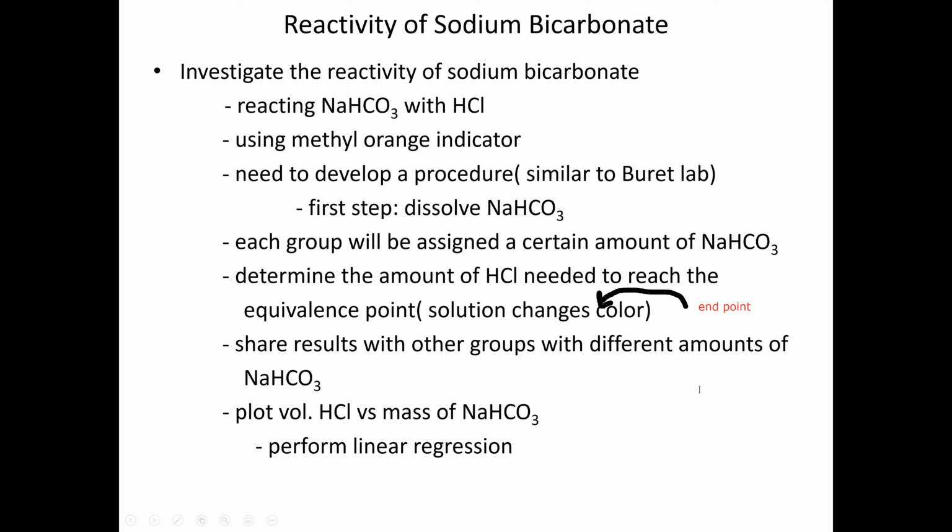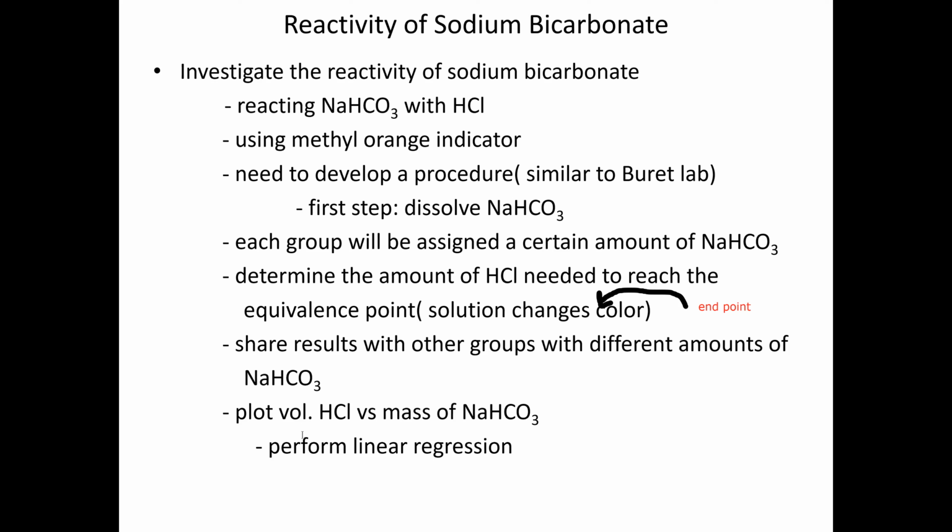So you're going to see how much HCl it takes to get to the end point, and then you're going to share your results with other groups so that you get a variety of masses of sodium bicarbonate and see how the volume of HCl changes with the mass of sodium bicarbonate used.